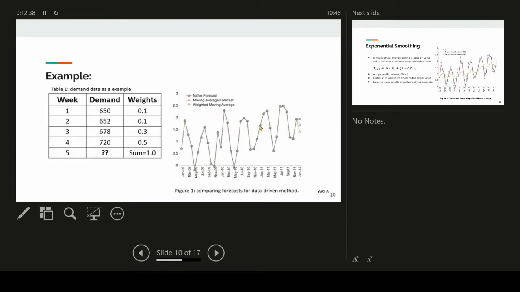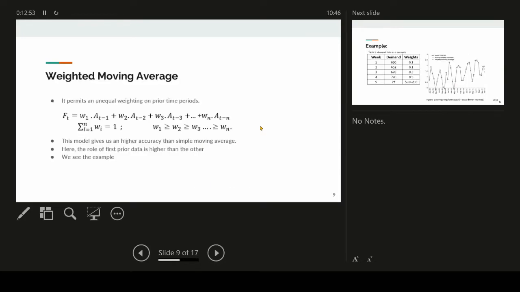I can set 0.3 as the weight of week 3, and 0.1 and 0.1. So later on, my forecasted data is much more accurate to the prior fourth week of data.